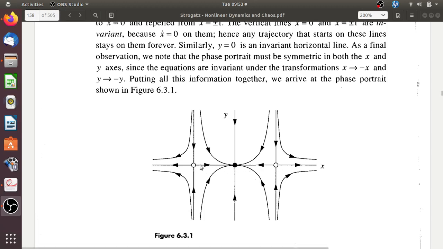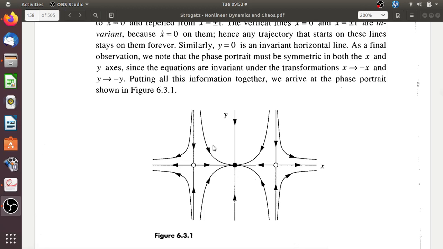The arrow marks will be towards the fixed point, and here it will go away from the fixed point, and once again here it will be towards this fixed point and go away, or towards positive infinity in x.